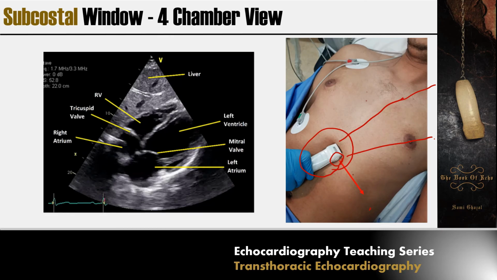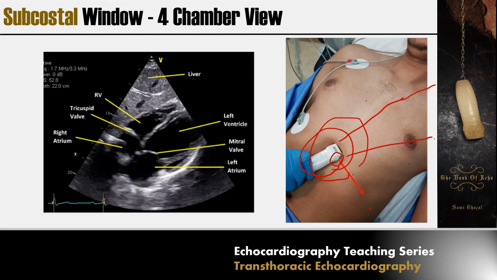Sometimes you have to ask the patient to take a deep breath in order to get the heart into view. Occasionally, this window will be the best window to image the heart. And this happens usually in chronic obstructive lung disease, where you have hyperinflated lungs.